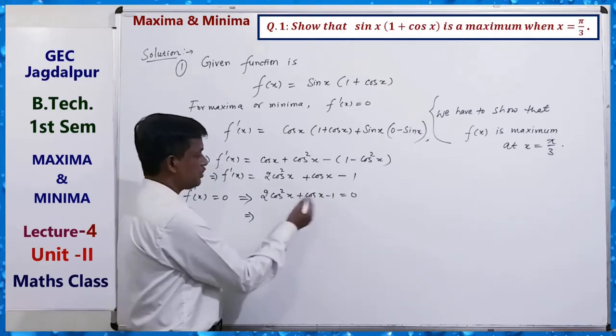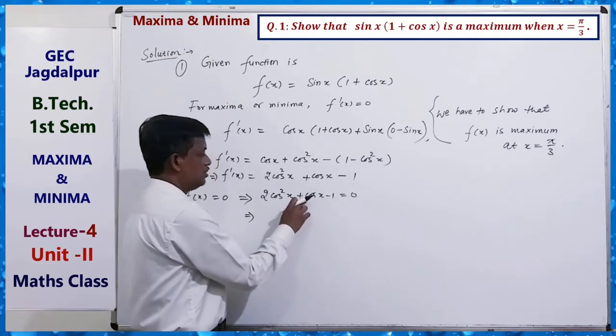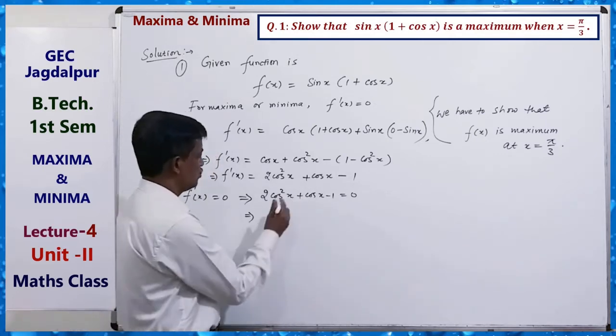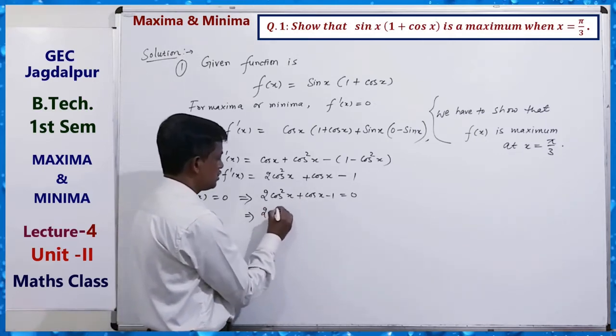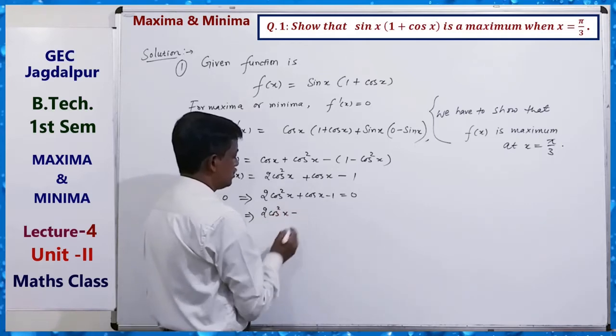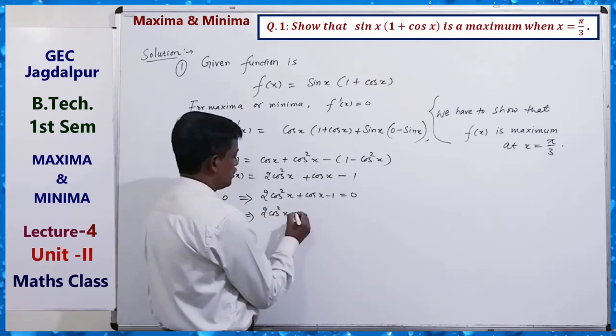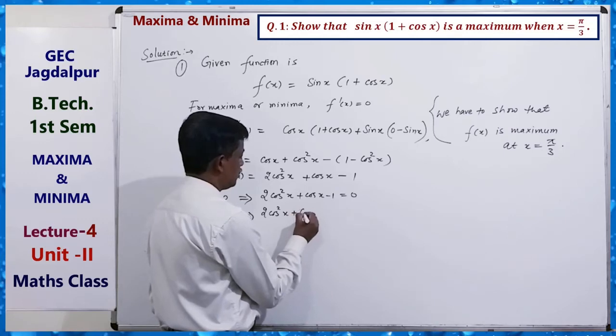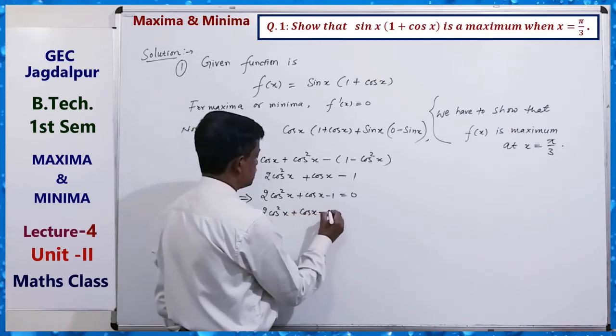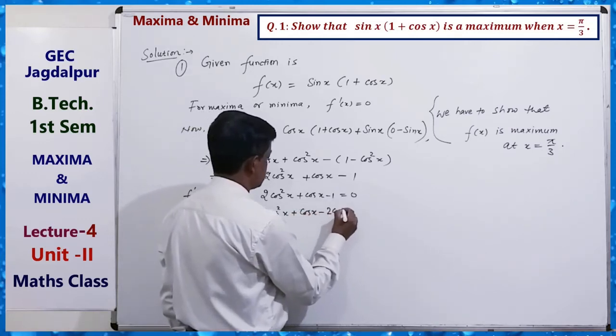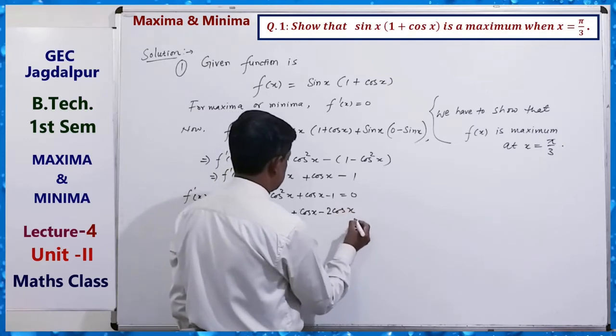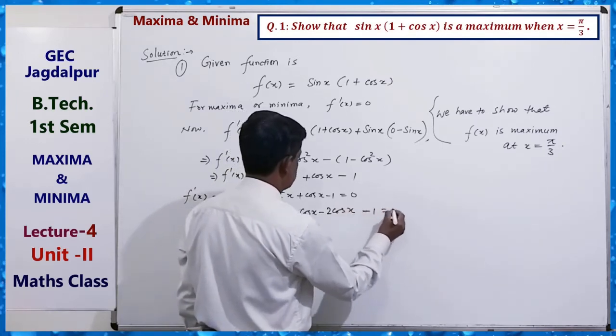Using 2 times minus 1 equals minus 2, we split the middle term: 2 cos square x plus 2 cos x minus cos x minus 1 equals 0.